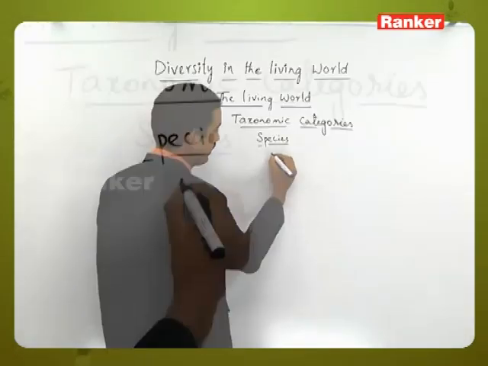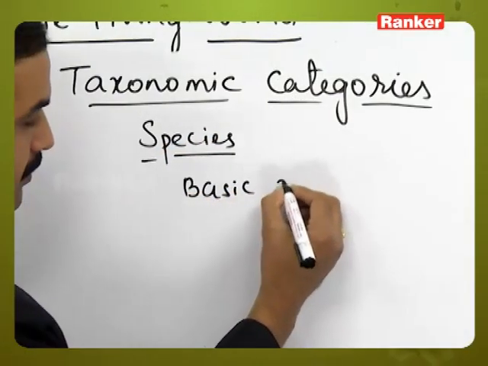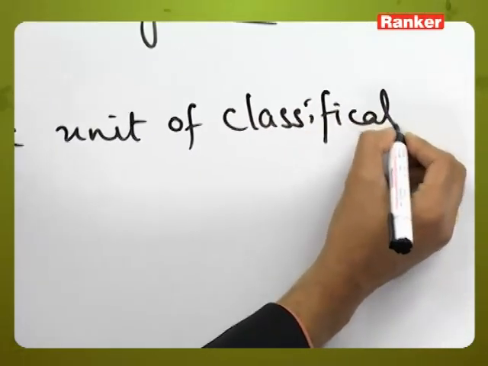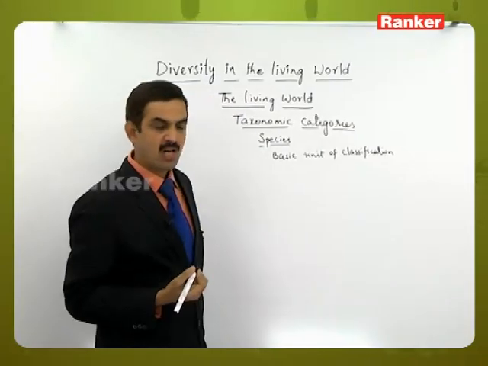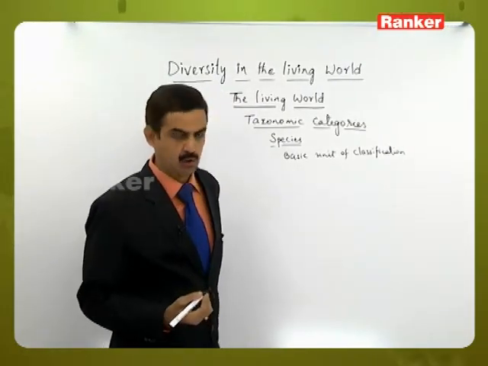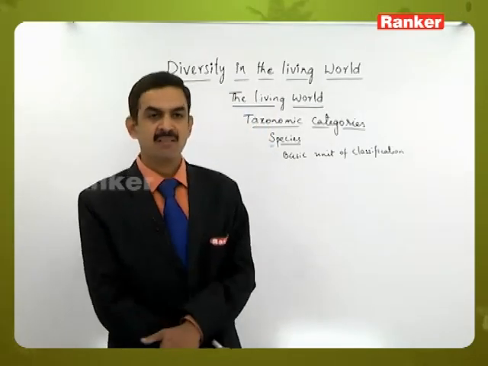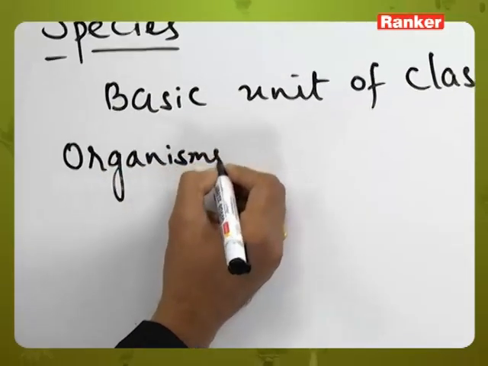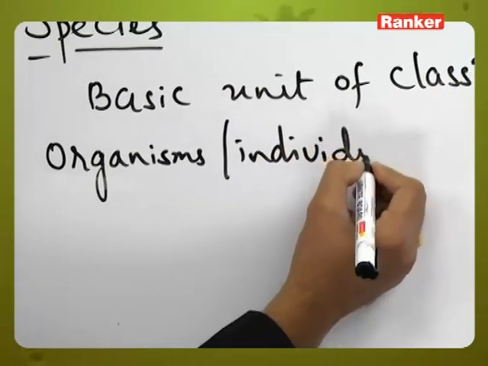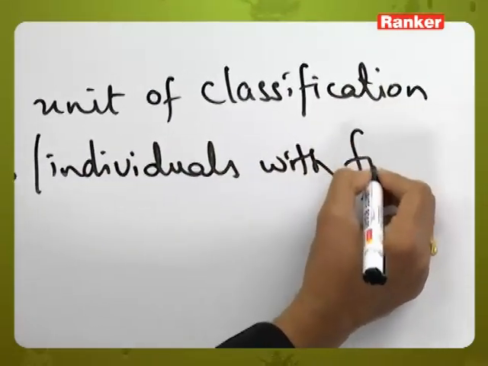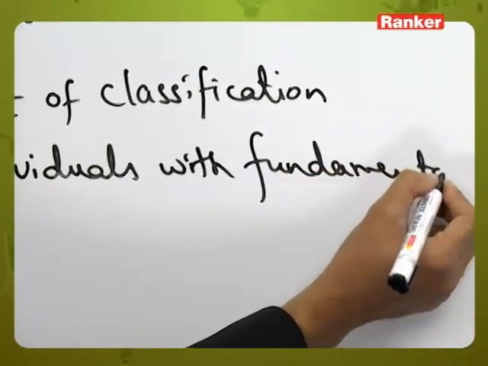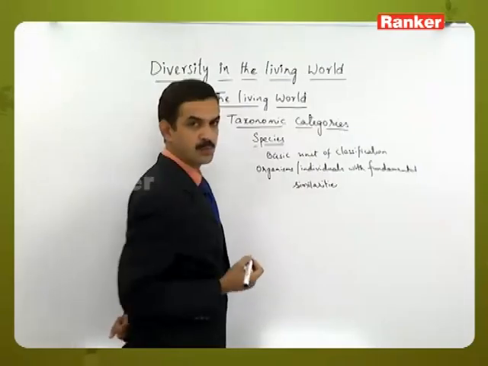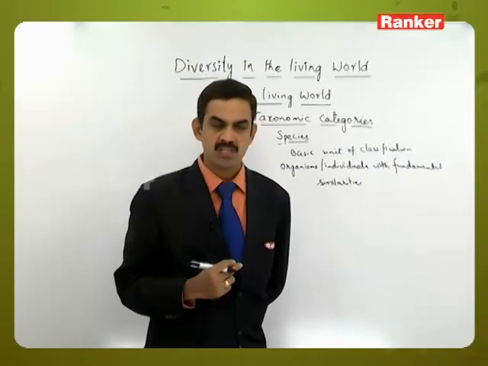Species is considered to be the basic unit of classification. It is the one which occupies the least position, or we can call it the smallest unit of classification also. Here the organisms or individuals with fundamental similarities are kept under one species, or we can say the group of individuals which can interbreed.